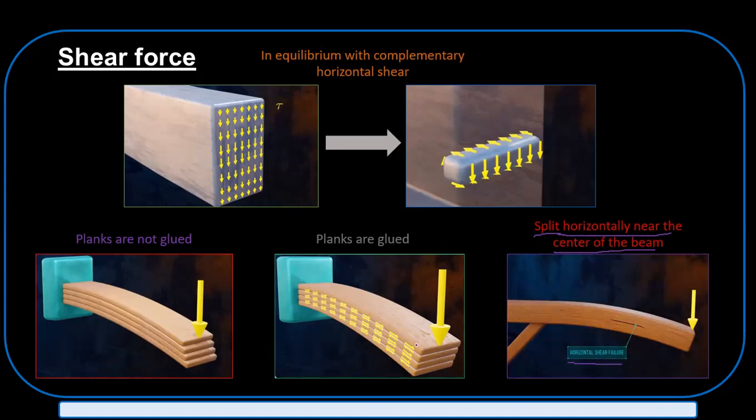When you apply a load, the planks try to move relative to each other, but now we have glued them. In an idealized simplified beam, failure occurs when that shear is larger than the available resistance.